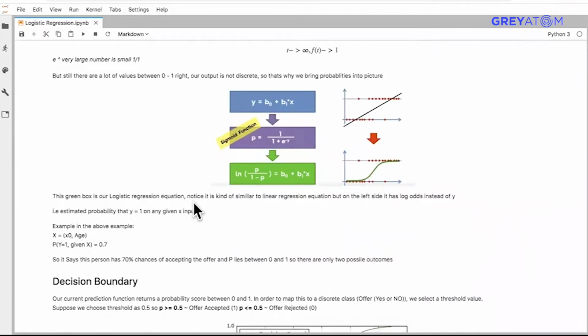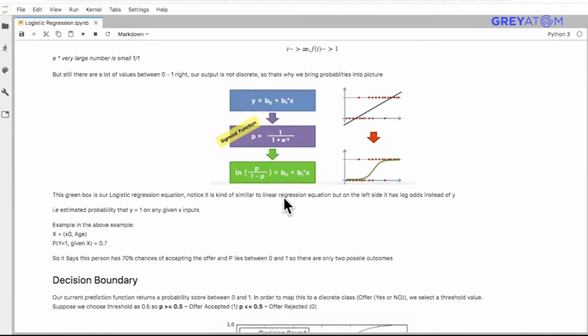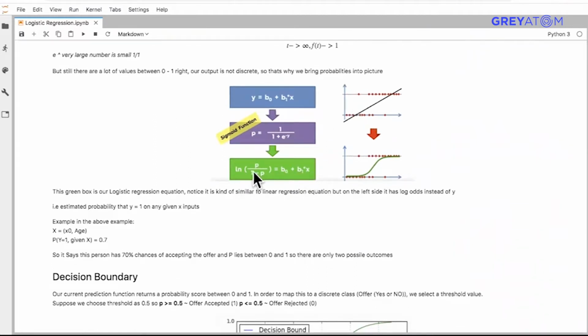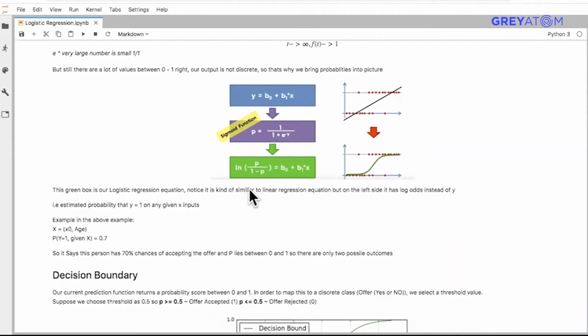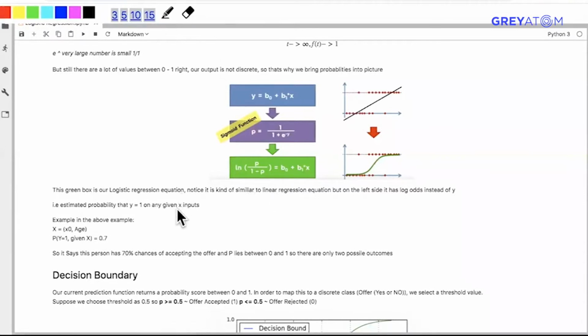Suppose we are trying to predict something, and the answer that we'll get from this right equation would be a probability value of y belonging to a positive class. Suppose we were looking at this age example, right? Suppose I have this particular x with age, and after applying all the transformation and finally taking the log, I got this answer, that is p of y equal to 1 is 0.7.